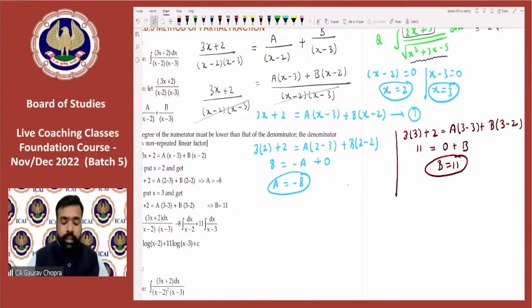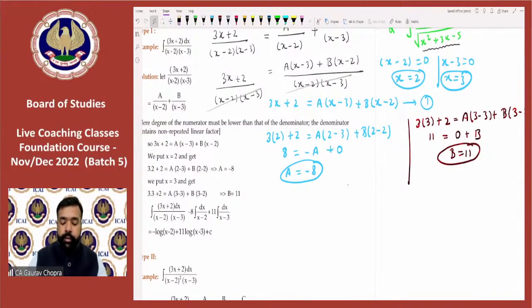Now we can insert the values of a and b and get the desired result. So the integration is equal to minus 8, in place of a we have written minus 8, and the denominator was x minus 2, plus in place of b we write 11 and then x minus 3, dx.